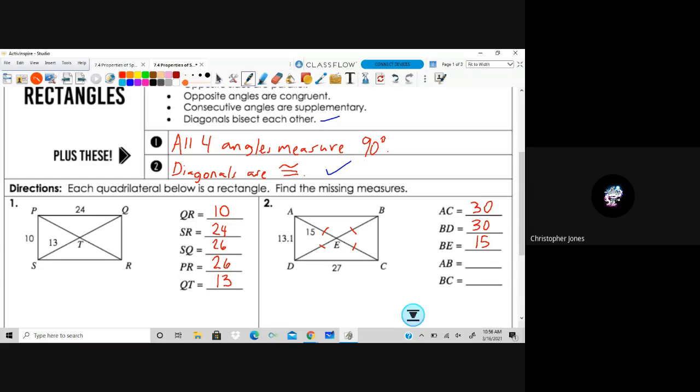AB would be 27 because above it says opposite sides are congruent. Very good. If AB and DC are opposite sides, therefore they're congruent. And if DC is 27, AB is also 27.